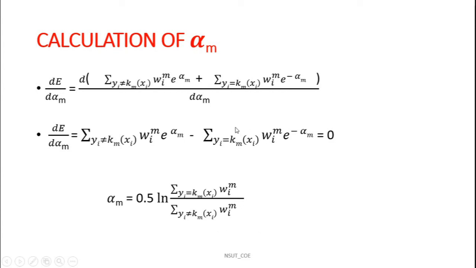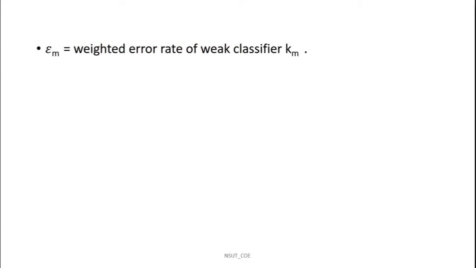Now to simplify this equation further, we will calculate one extra term, which is the error rate for the weak classifier km. Let epsilon m be the weighted error rate of weak classifier km. That is, epsilon m is given by the summation of all the sample weights which are misclassified by the selected weak classifier km divided by the sum of all training sample weights.